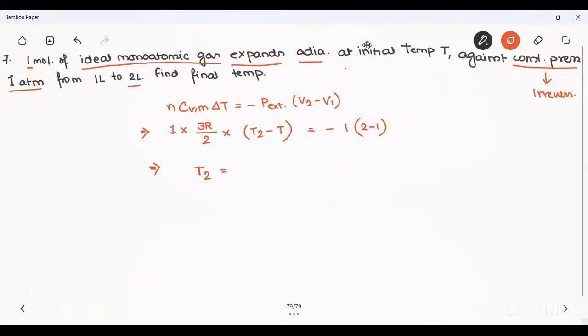So is this sum clear? Whatever sums I made you do so far, are they clear? Is the logic clear how to solve questions in thermodynamics? First, search for keywords and then accordingly put the formula. That's all you have to do. For your boards, you have to study the derivations.